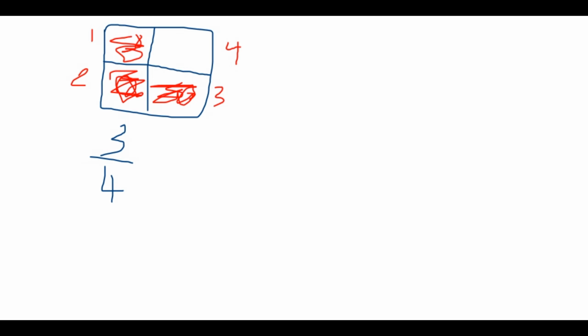And if we are also asked what is the fraction of the unshaded portion, the unshaded portion is only one part, which I just shaded black. So the fraction of the unshaded portion will be 1 over 4. And note, when you add the fraction of the shaded parts to the fraction of the unshaded parts, you are always going to get 1, so their sum is equal to 1.